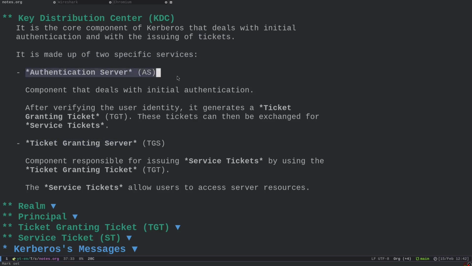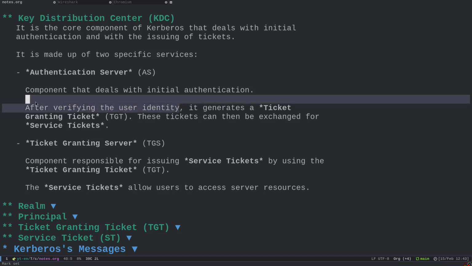Now each of these two services generates specific tickets, so that the way that the authentication is carried on is through tickets, and tickets will be encrypted with specific keys. So the authentication server, its job is verifying the user identity, so verifying that the authentication request was properly authenticated. So like, okay, you are trying to authenticate, did you put the right password in the context of this message?